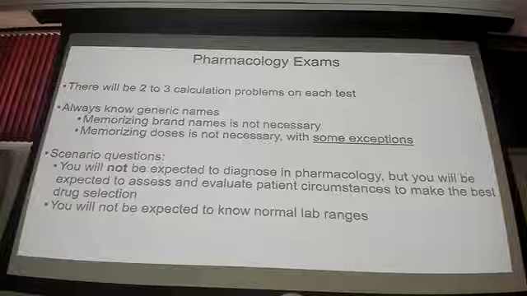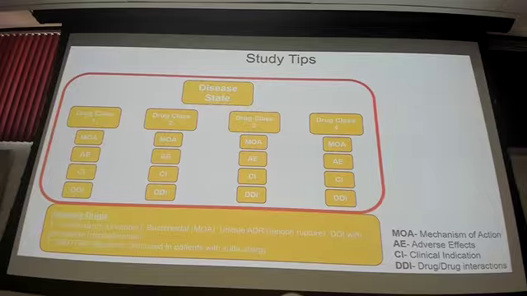And you are not expected to know the normal lab ranges for any condition. So she recommends that for each disease condition, you have your drug classes, and include the mechanism of action, the adverse effects, the contraindications, and the drug-drug interactions for each of the drugs that you learn.